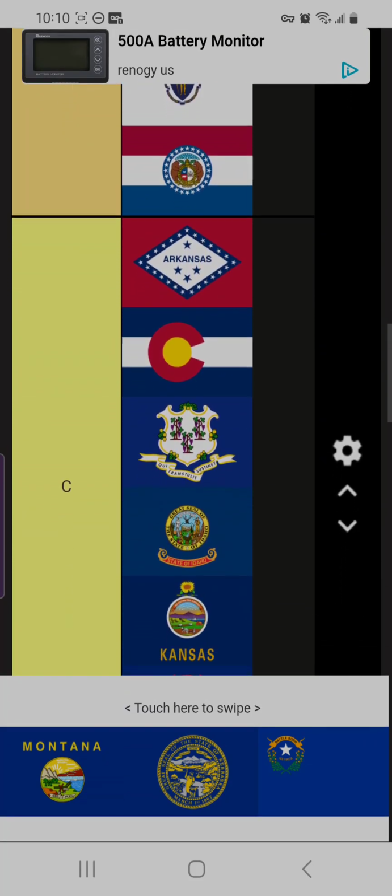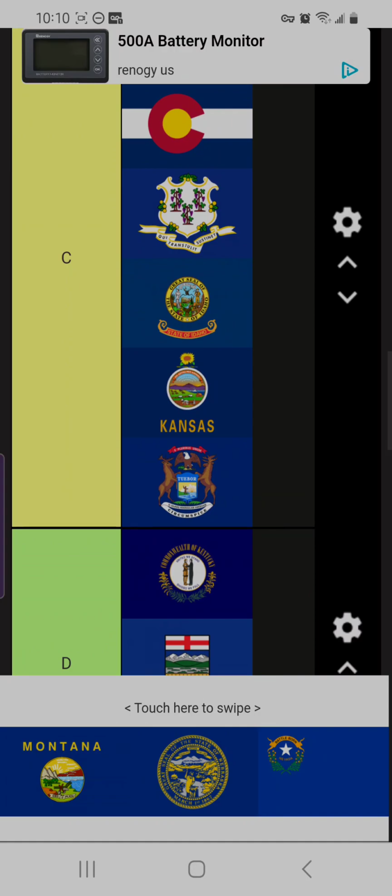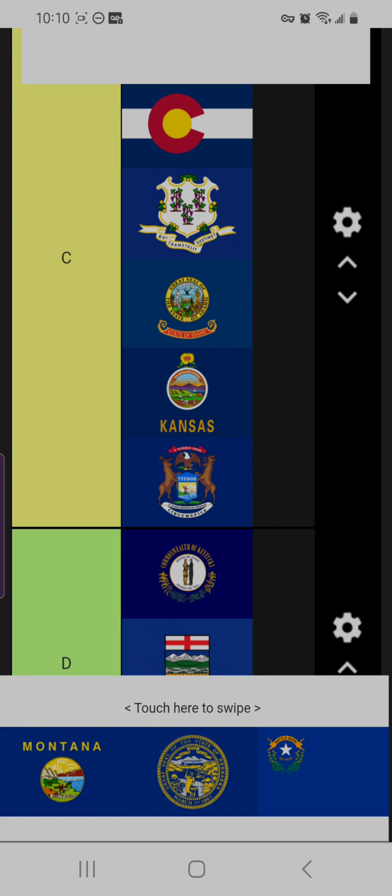Montana, with this the seal is actually good. We have a good seal with the name Montana, and they have a sunset with a waterfall and some mountains and some grass.